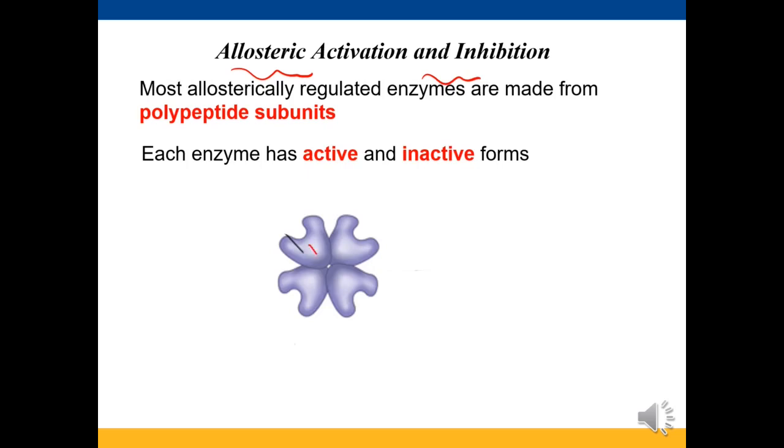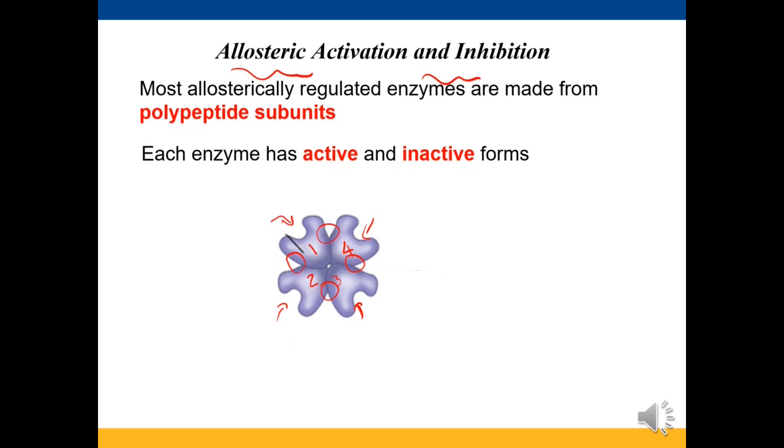As you can see here, you have 1, 2, 3, and 4 polypeptide subunits. So instead of having one, you have multiple. And you not only have multiple subunits, you can have multiple active sites. So here you have 4 active sites. And you also have 4 regions to regulate the activity of an enzyme.